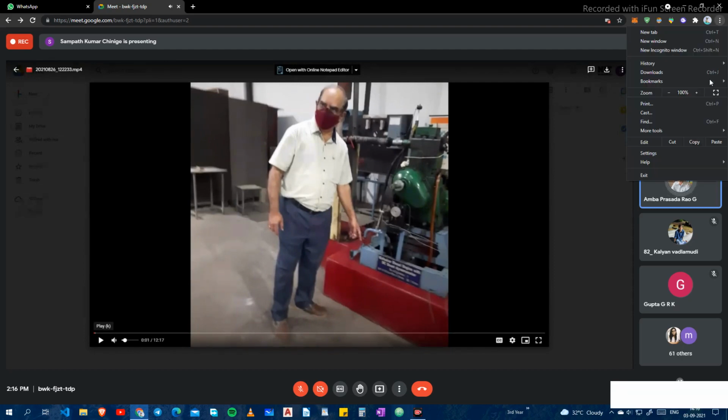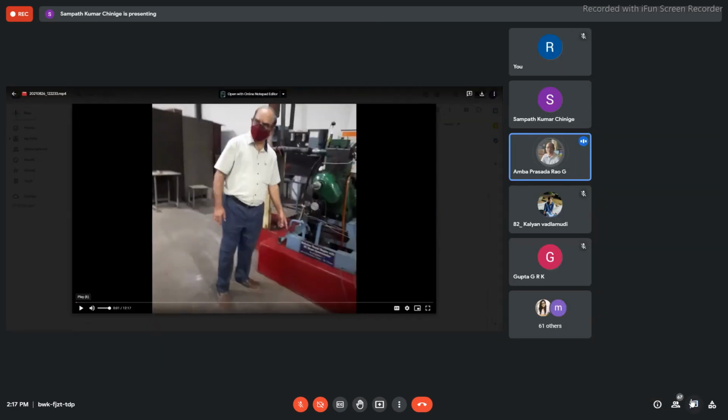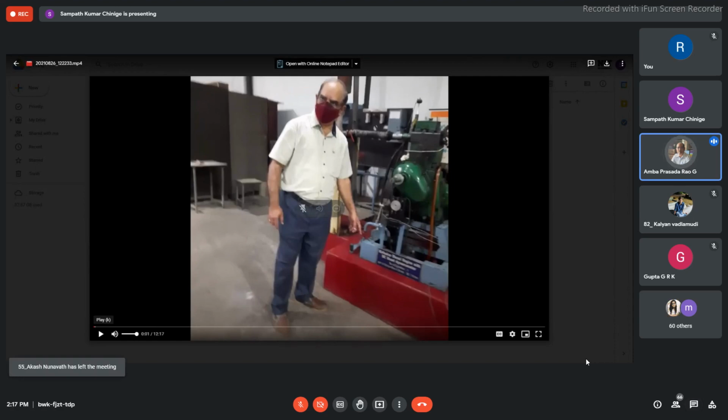The engine performance parameters are brake power, brake thermal efficiency, mechanical efficiency, indicated thermal efficiency, specific fuel consumption and so on. These are derived parameters from the observed parameters we get from conducting the experiment. This Kirloskar engine is allowed to run at 1500 RPM, and when it is loaded to the full extent, it is capable of developing power equivalent to 5 HP or 3.68 kilowatts.